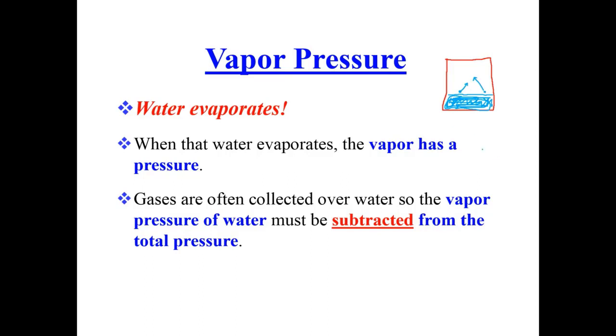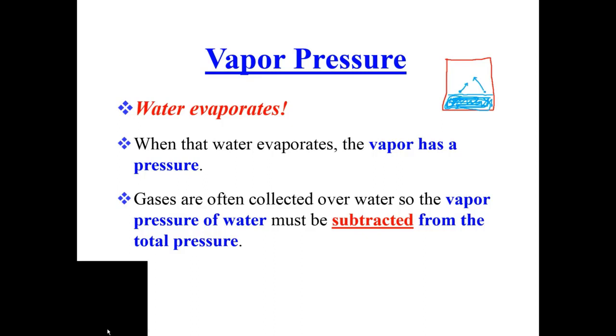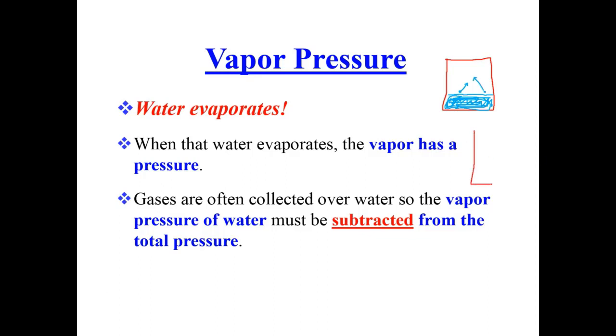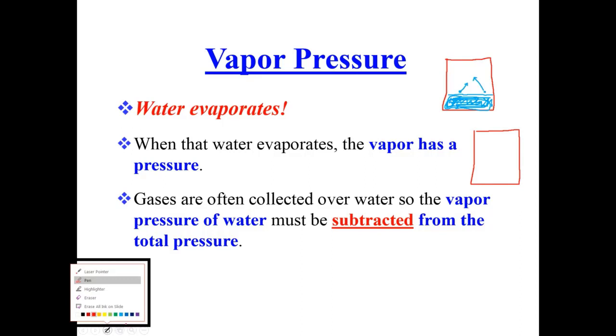But once it reaches a certain saturation point, there are so many water particles above that whenever a gas water molecule hits the surface of the water, it has a chance of being sucked back into the liquid phase, pulled back in.